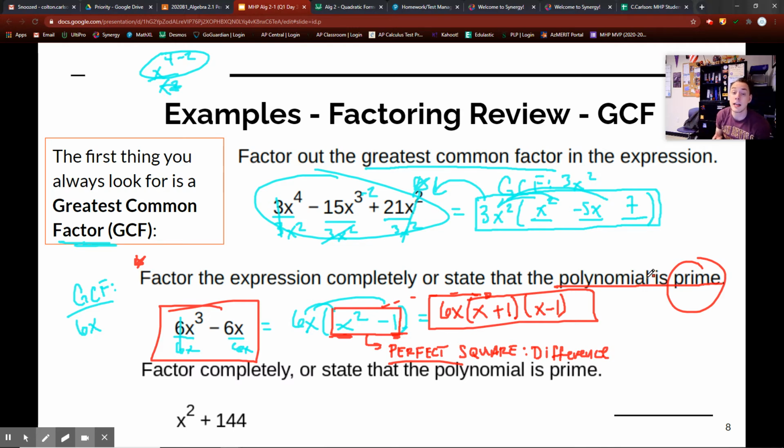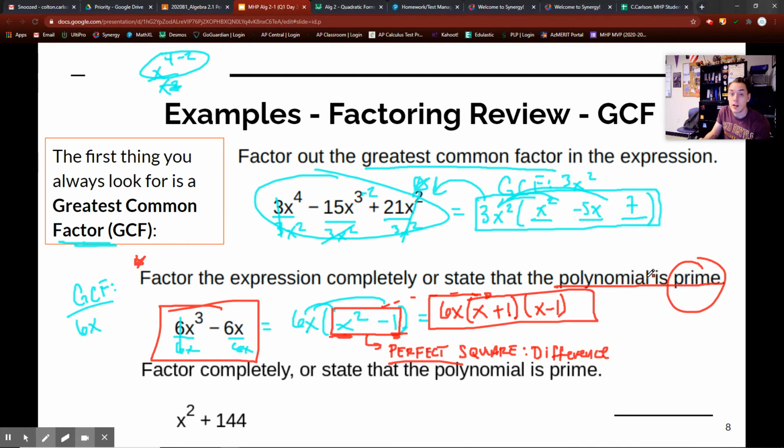I can't multiply any number together to give me 19 or 17. It's just not possible. I can't multiply any number together to give me 11 or even 2, except for its own number, so 2 and 1.